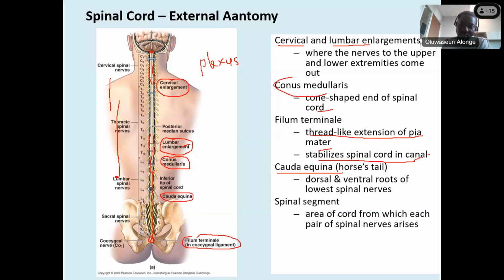Think about the dorsal as posterior and the ventral as anterior of the spinal nerve in that region. That's what we just call cauda equina. Now, spinal segment is the area of the cord from which each pair of spinal nerves arises. So this here we call spinal segment, where the spinal nerves shoot out.